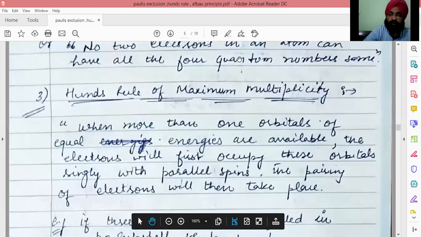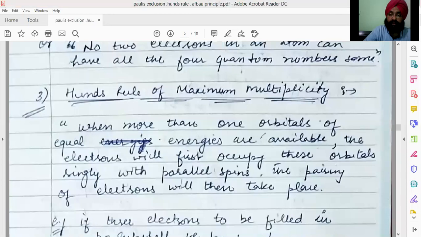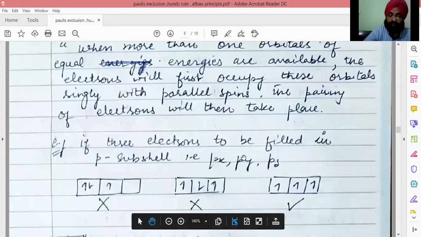Now, in the case of degenerate orbitals, like p orbitals or d orbitals: in the p subshell there are three orientations, meaning three orbitals, and in the d subshell there are five orientations, meaning five orbitals. So the three p orbitals are degenerate, and the five d orbitals are in degeneracy. Degeneracy means they have the same energy values.